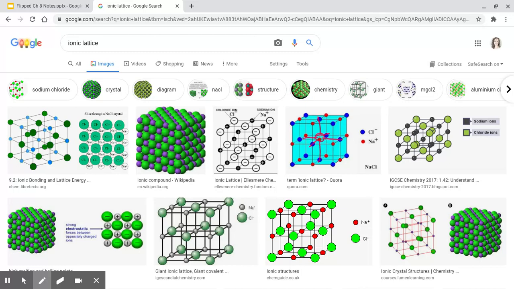It's connected to 6 different chlorines. So yes, there is a ratio of 1 to 1 inside this compound, inside this structure, this lattice or this crystal, right? But it's not just connected to one other ion. It's connected to many, many different types of ions.